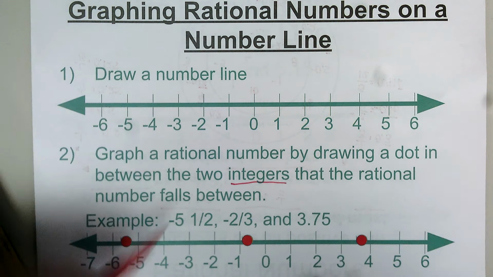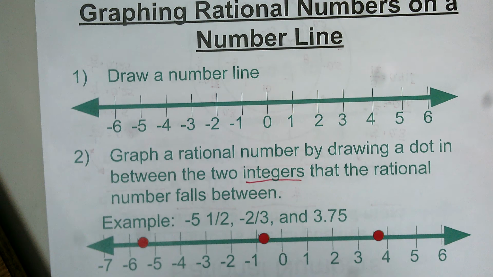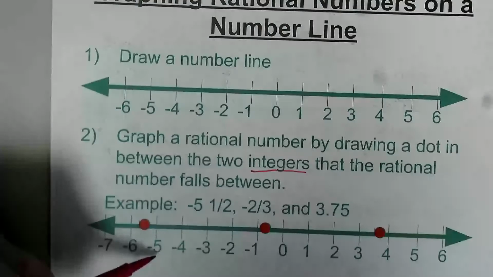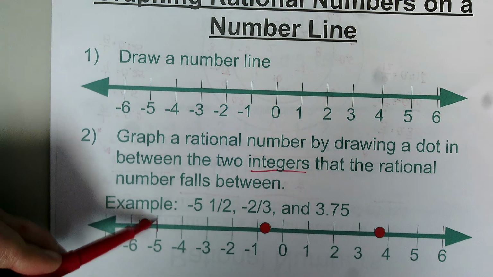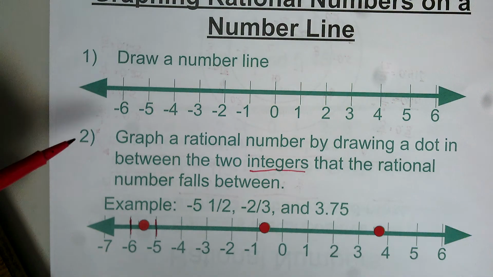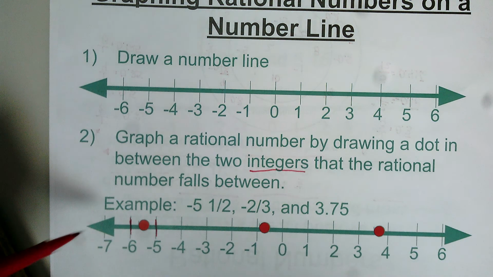If I go over here and I find 5 1/2, +5 1/2 goes between +5 and +6. So it makes sense that -5 1/2 would go between -5 and -6. It's mirrored the opposite way, but it still falls in those two numbers.